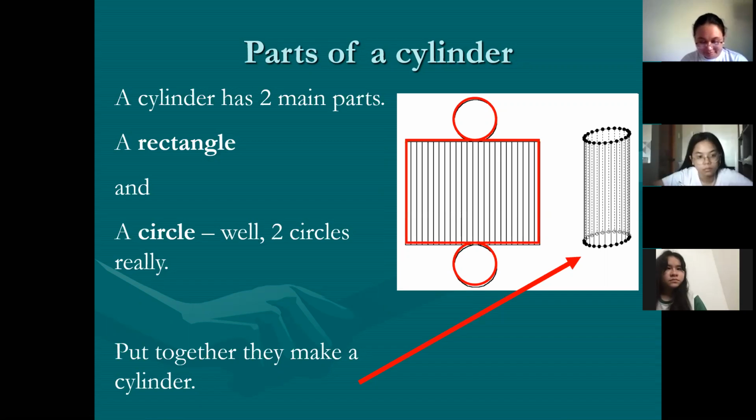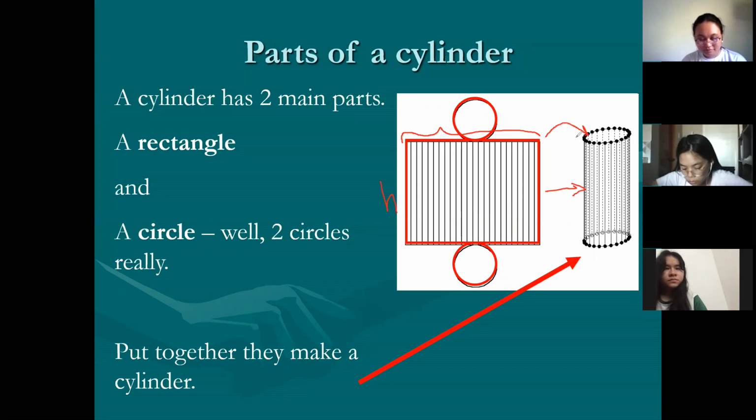But just so you know, class, in this rectangle, this one is the height of the rectangle, right? This is the height. What about this part here? What is that in the figure?